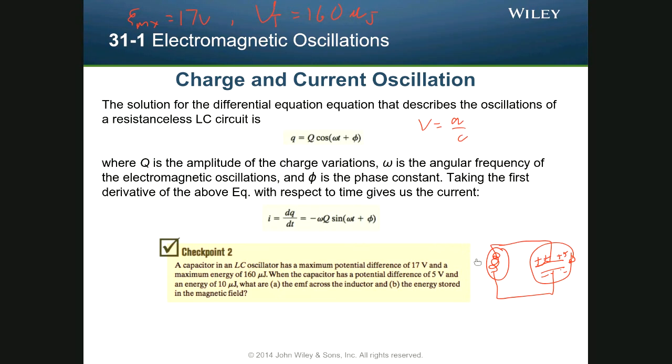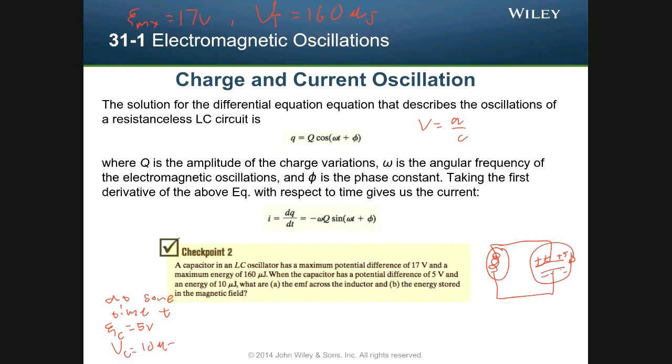Good. Okay, so now we're looking at some intermediate time, right? So now we're saying, at some time t, the EMF across the capacitor is equal to 5 volts, and the energy of the capacitor is equal to 10 microjoules.